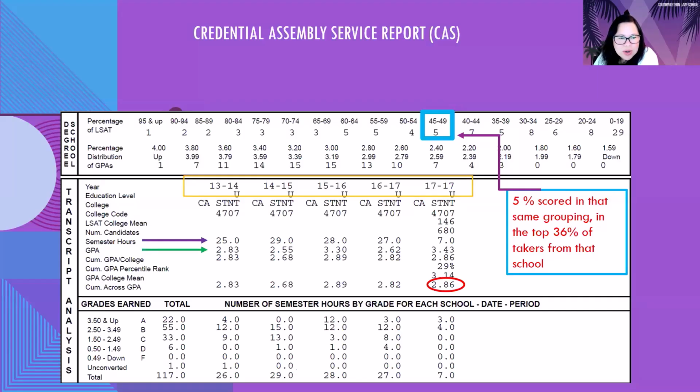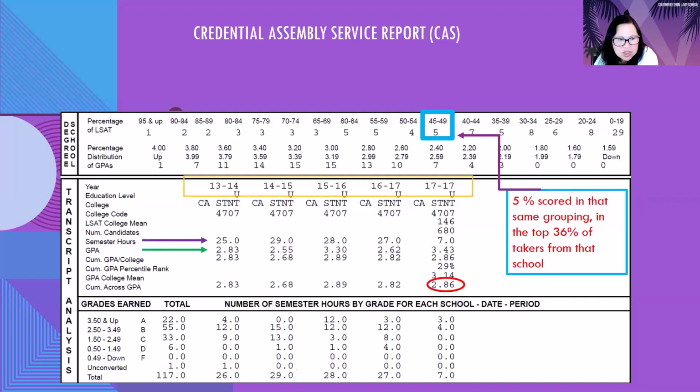And then if you look at the row where the purple arrow is, that tells me when this person, which I think is Cal State Northridge, attended Cal State Northridge in 13, 14, they had 25 units. If you look at the green arrow row, those 25 units, they earned a 2.83, okay? And their CUME, there's not an arrow there, but it's the very next row.